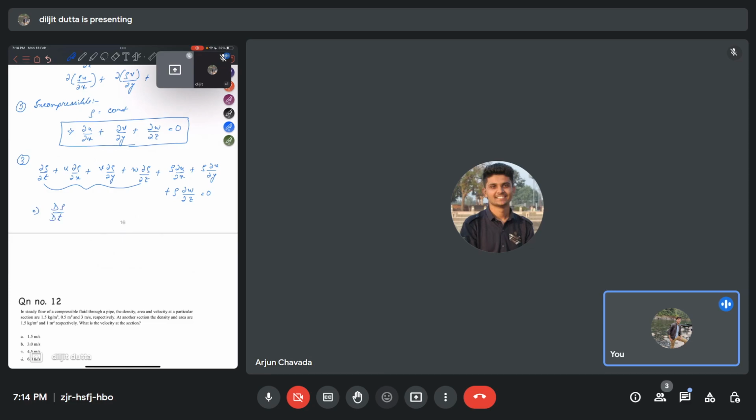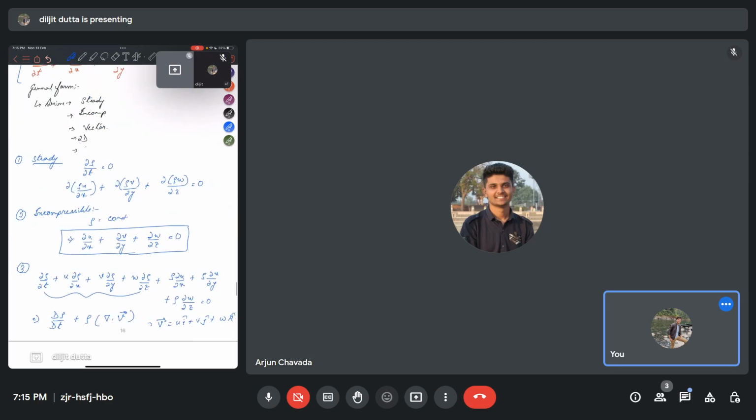This is called the material derivative of any property, and we can see rho times del u by del x. This can also be written as grad of V, that is rate of change of velocity with respect to position. So u, v and w are the three components of the velocity vector, where V vector equals u i cap plus v j cap plus w k cap.